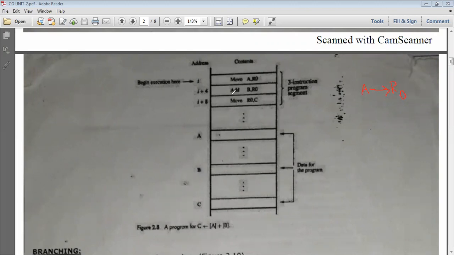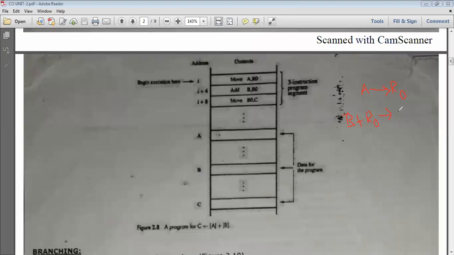Okay, ma. Next, see the next instruction, Add B comma R0. What is the meaning? Actually, what is the data in R0? The A value. Whatever the A value is will be present in R0. That means here Add B comma R0 means B plus R0, an addition operation is being done, where the result is stored in the second operand, the destination operand.